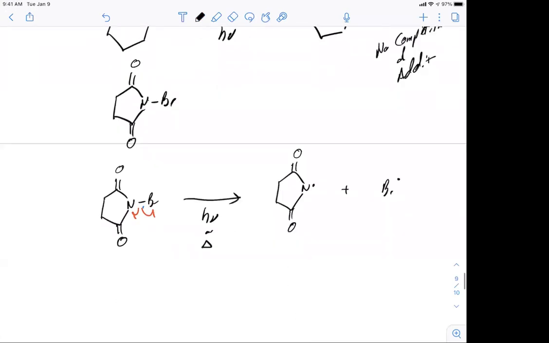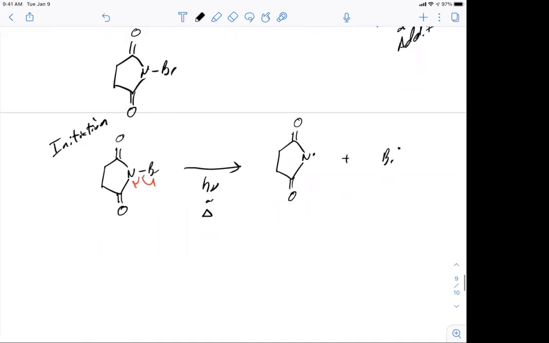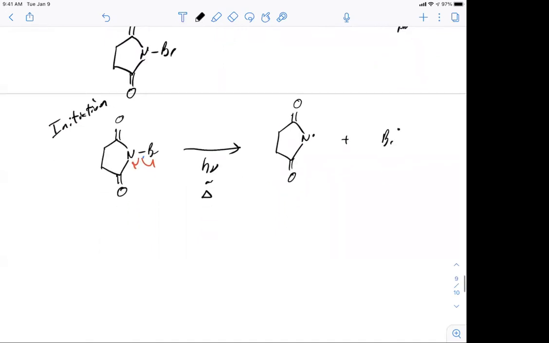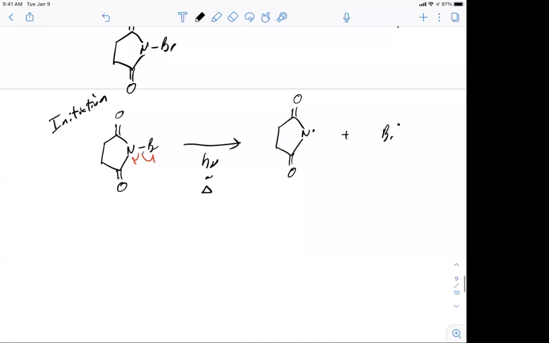Okay. Remember, bromine radicals are more stable, so therefore they are selective. So if we have an allylic or a benzylic, that's where they're going to react, because allylic and benzylic is more stable. So bromine radicals being very selective.